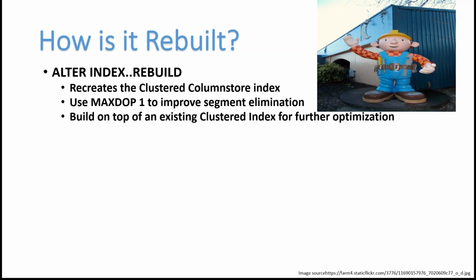We can build a table with a clustered index on the ID column, and then build the column store on top of this table. The column store will keep this order when it's built, so it will be ordered according to this ID column, and when we filter on this ID column, we will have good segment elimination.